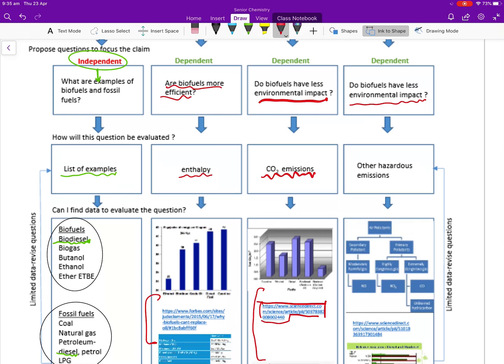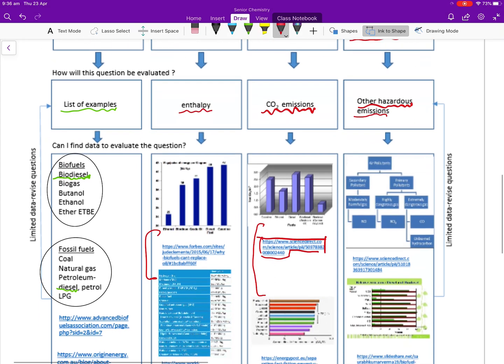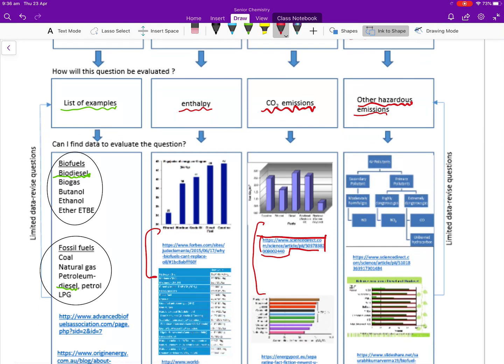So again, I don't know a lot about this, so I went, okay, well, let's go and look for some other hazardous things that are emitted when these fuels are burnt up. I found this little diagram, and it had a few different types of things that are released when we burn fuels.